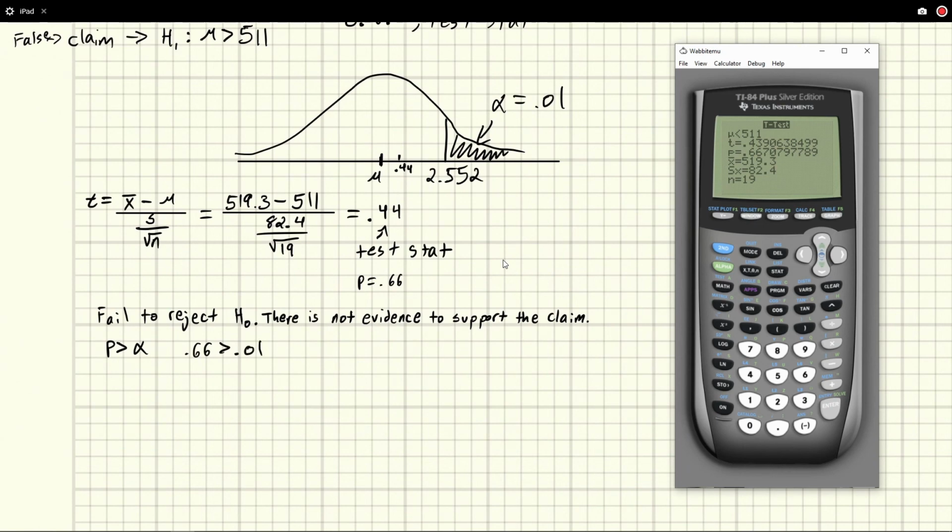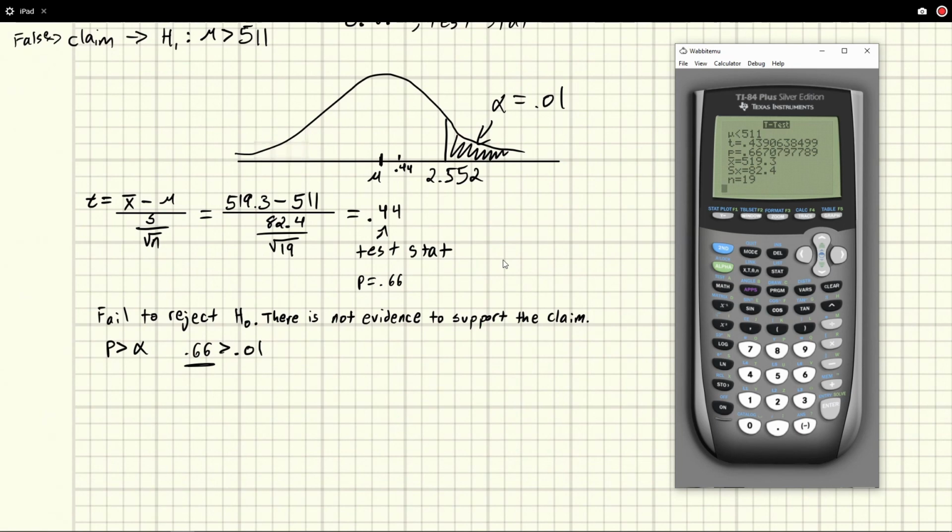The way we would interpret this is that 0.01 is like, pretend the area is over here. So far we've gone 1% of the curve. Well, this thing goes 66% of the curve. It goes way out here, right? 66% of the curve is covered. So we are so far outside of this shaded region that we can use the p-value like a test stat.